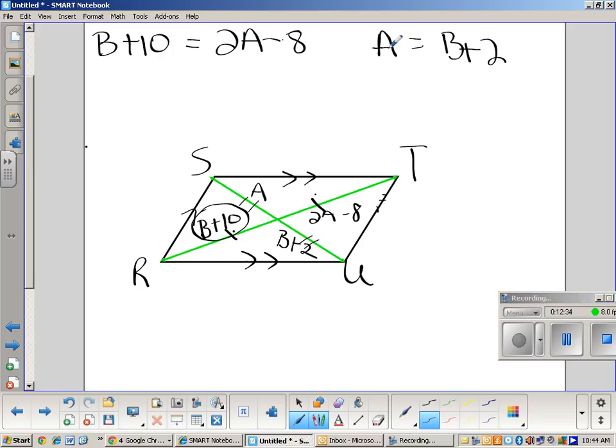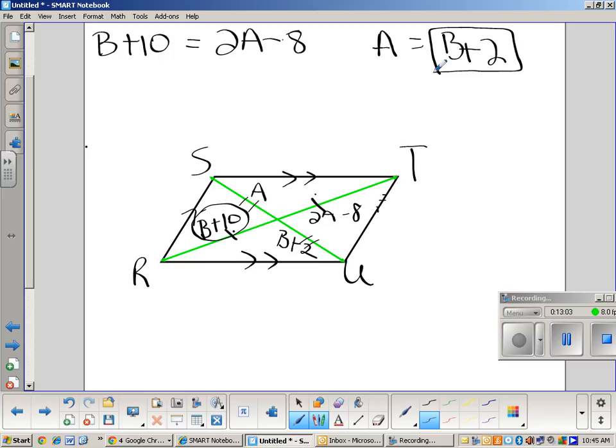You can solve one variable. Okay, do I have a variable by itself? Sure do. I have an A that's all by itself. If I don't, I have to manipulate until I do. So A equals B plus 2. Everywhere I see an A, I'm going to put everything that's in that box.